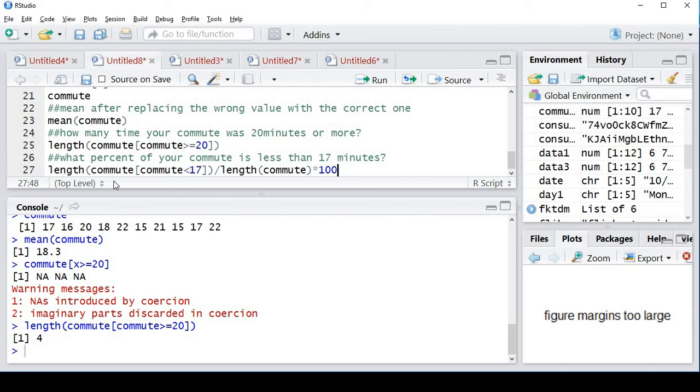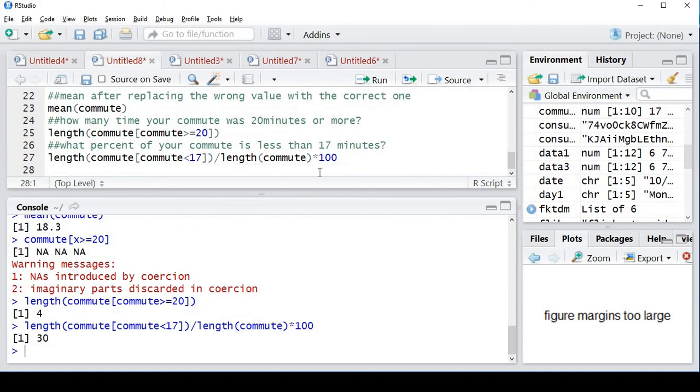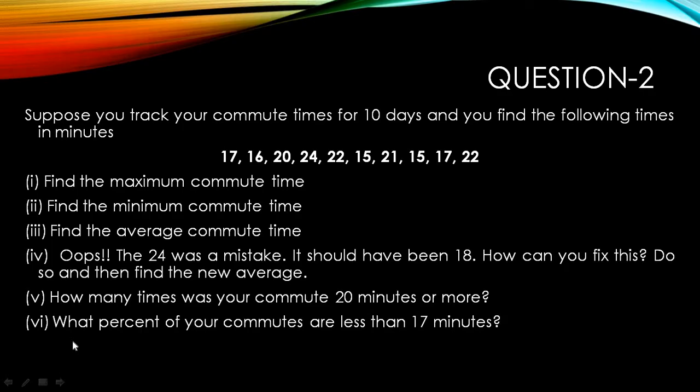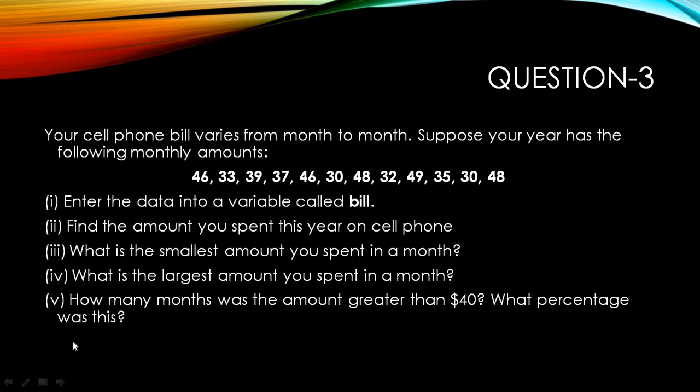This command up till here gives you the number of times your commute time was less than 17 minutes. Now this part gives you the total number of elements in that variable commute. Since a percentage has been asked, you multiply it with 100. Now run this, I get 30%. So this is how you solve this problem. Clear enough? Let's move to the next question.